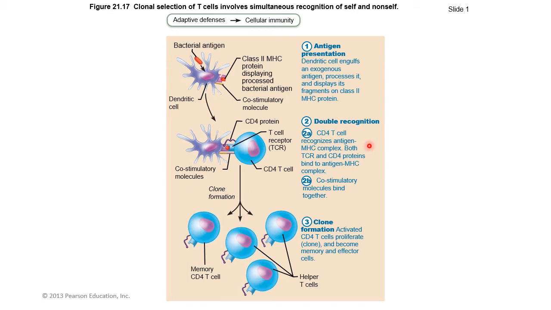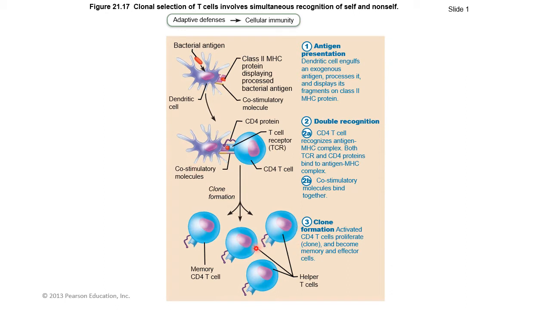Now, the T helper T cell recognizes the antigen, the MHC complex, and they co-stimulate each other. And so the T helper cell binds to this dendritic cell, co-stimulation, and now you get the formation of a clone.